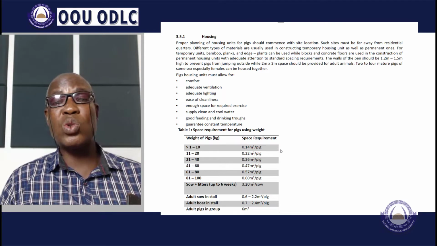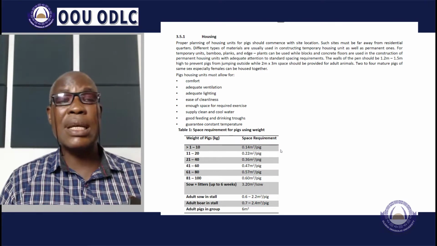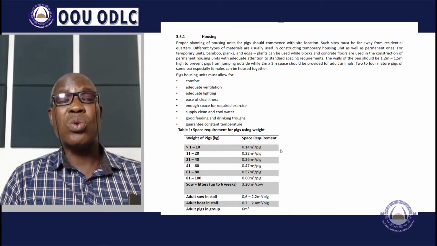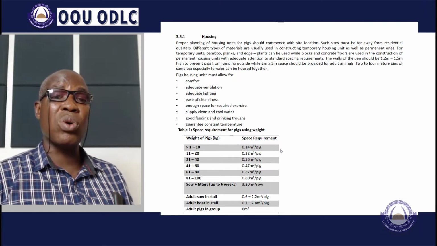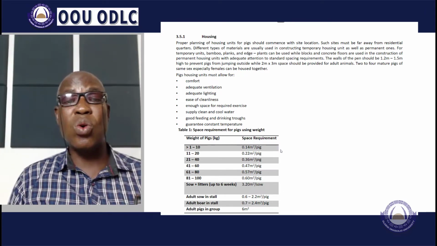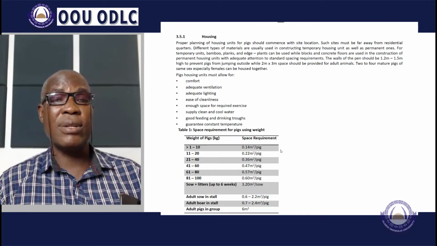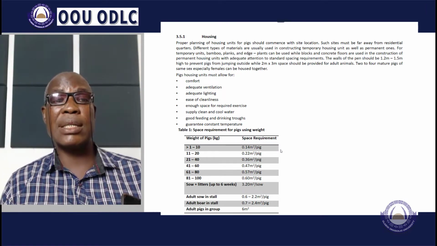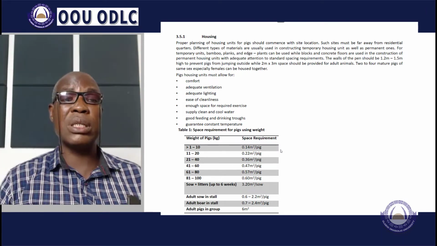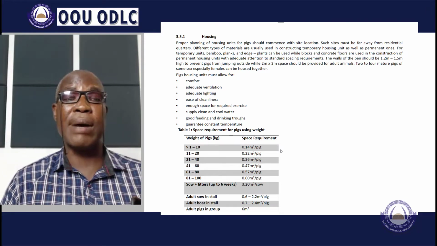And there is no way you are not going to wash your pens every day. So you start having problems with them. So the best thing is to go far away from residential quarters, from public buildings, and then site your farm there.